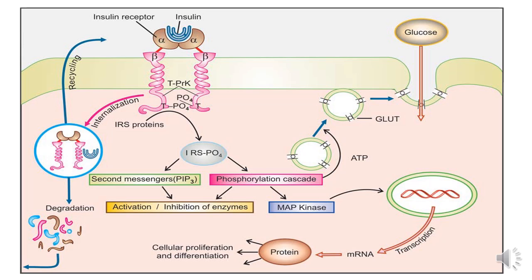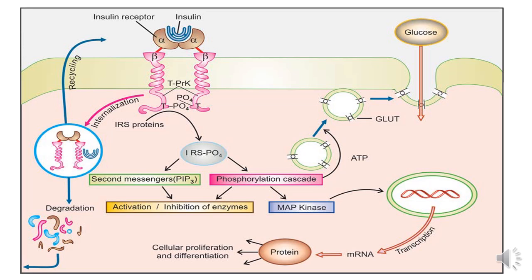And this phosphorylation of the IRS is responsible for a cascade of phosphorylation and dephosphorylation reactions in the cell, which is responsible for activation and inhibition of the various enzymes responsible for the metabolic reactions, which we have classified as the rapid actions of insulin.